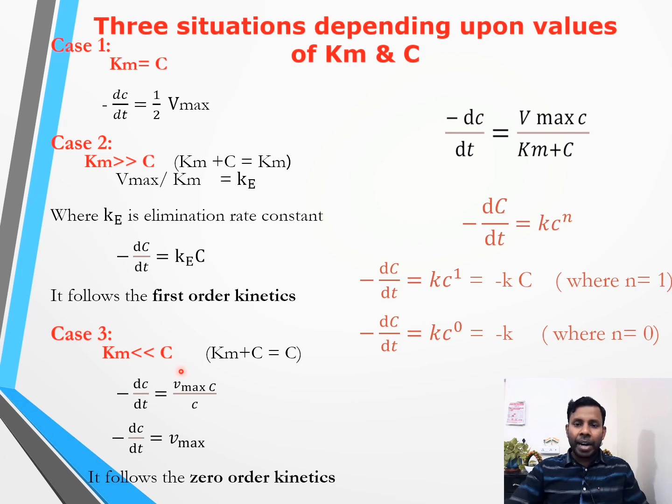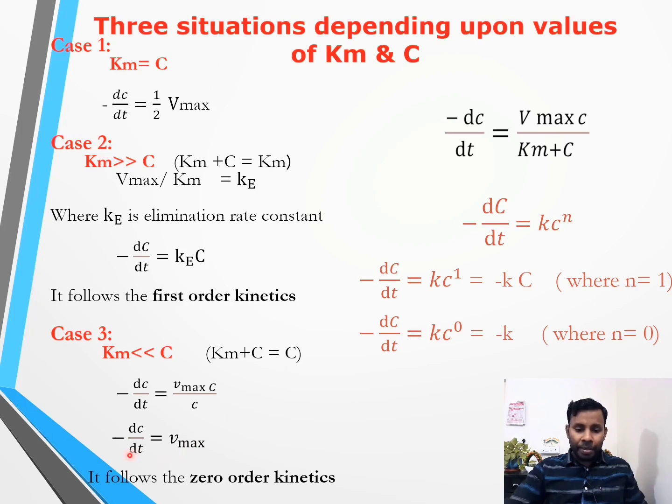Then we'll come to case 3, when Km is much less than C. When Km is much less than C, then this Km plus C will be equal to C, because here Km is very much negligible as compared to C. So this Km can be omitted. So Km plus C will be C. So in the Michaelis-Menten equation, in place of Km plus C, we can write C. So this C will get cancelled.